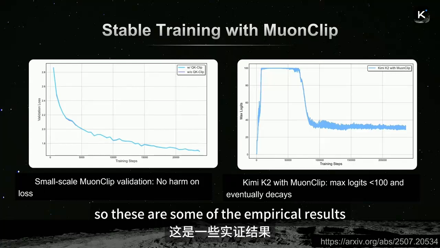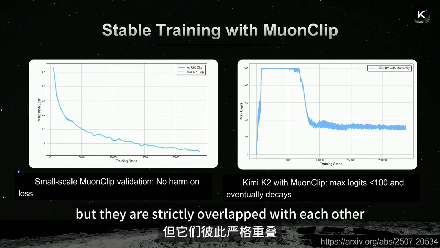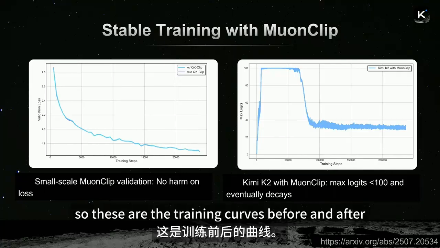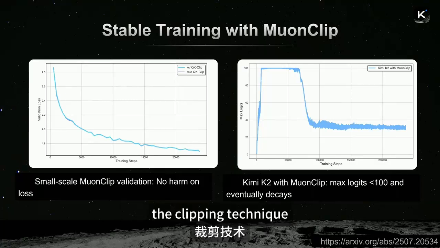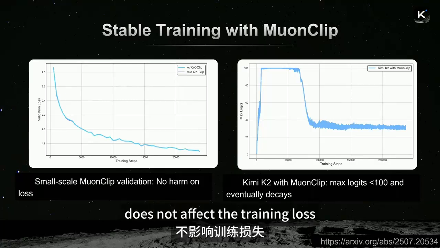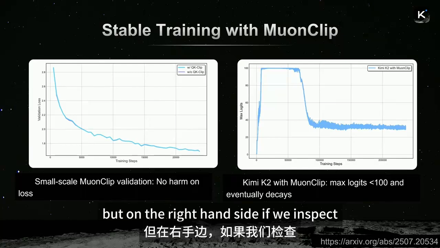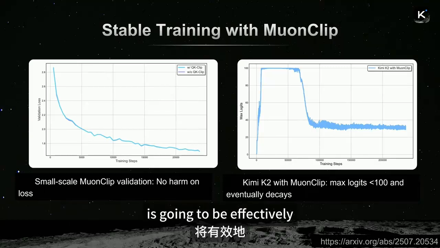These are some of the empirical results. On the left-hand side, there are 2 curves, but they strictly overlap with each other. These are the training curves before and after applying the clipping technique. So you can see the clipping technique does not affect the training loss decrease at all. But on the right-hand side, if we inspect the intermediate metric, the max logit, it is effectively constrained.